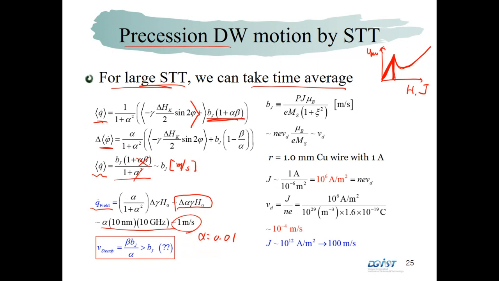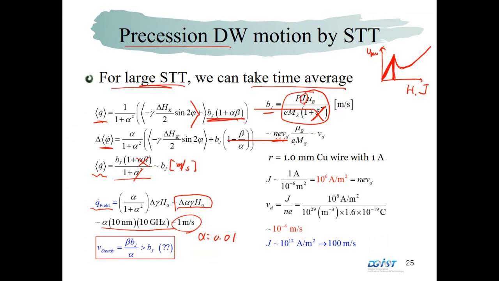And just taking the units, J is the current density and is given by the charge carrier density, the charge e, and the electron velocity, the electron drift velocity here.